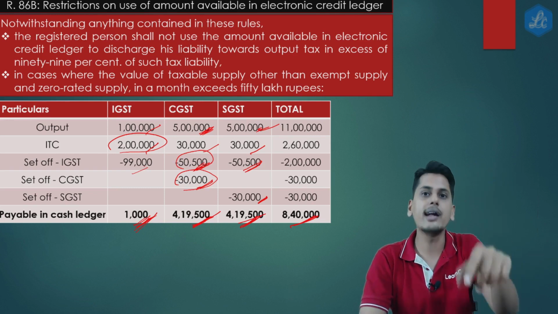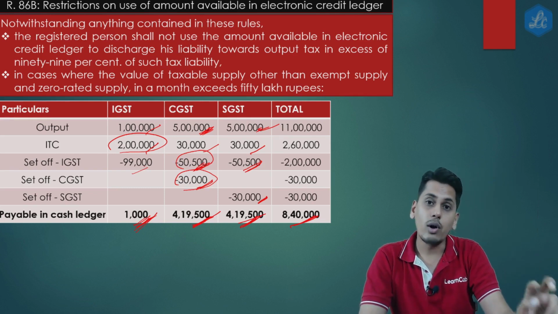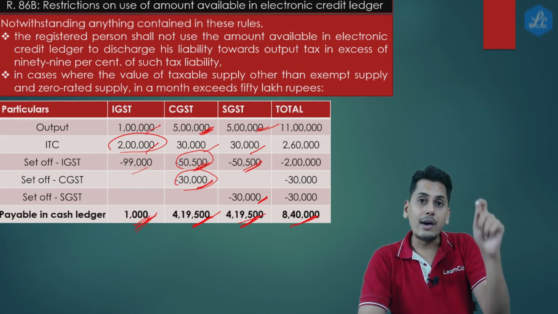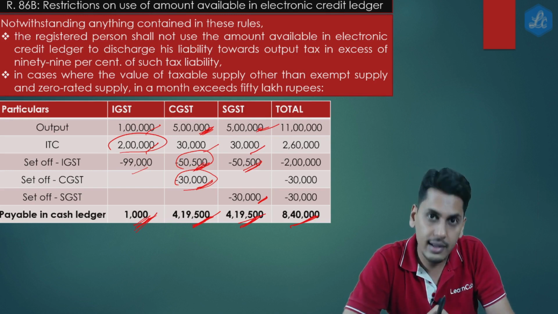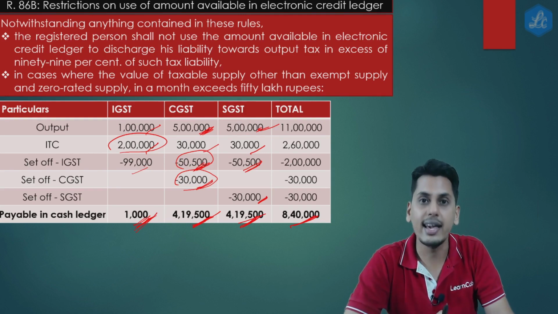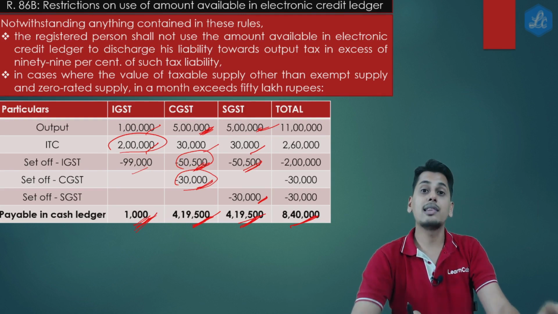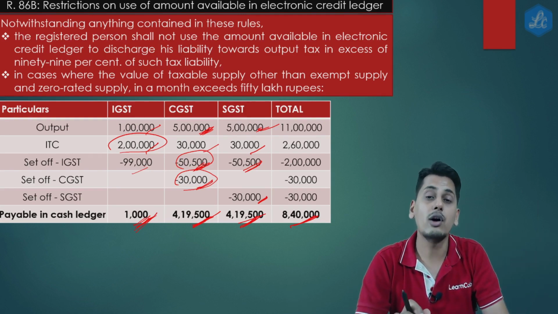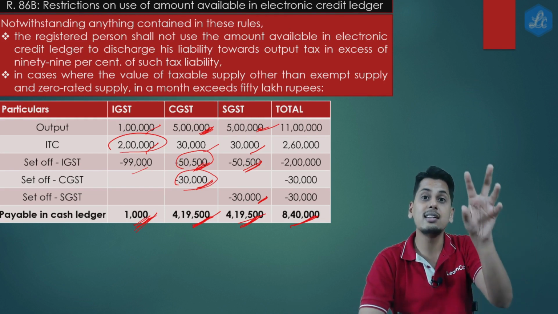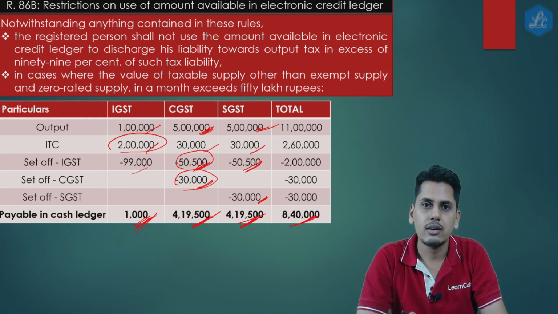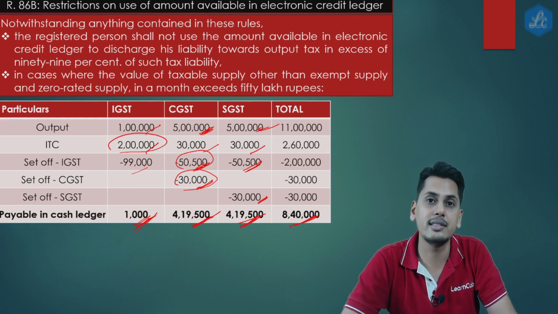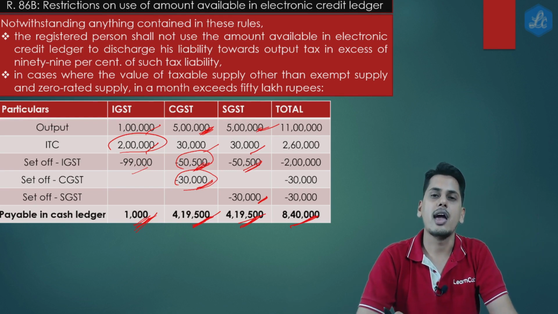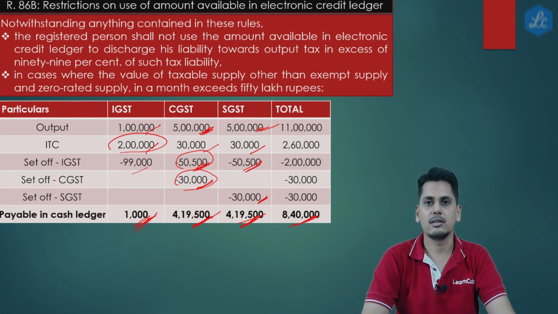But what you have done is, you have taken this credit of IGST without paying the IGST liability fully. You have kept something pending, and straight away you have gone and utilized it against CGST and SGST liability.